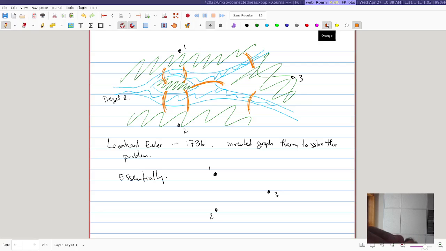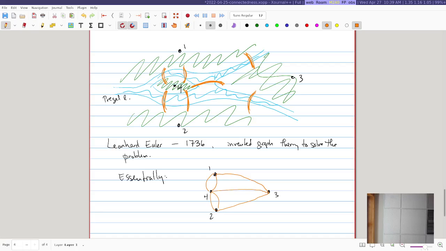Oh no, wait, there's 4 vertices, sorry. The island is a vertex also. Hold on, 4. Yes, okay. So there's 2 edges from 1 to 4. There's 2 edges between 4 and 2. There's an edge from 4 to 3. There's an edge from 1 to 3, and an edge from 2 to 3.